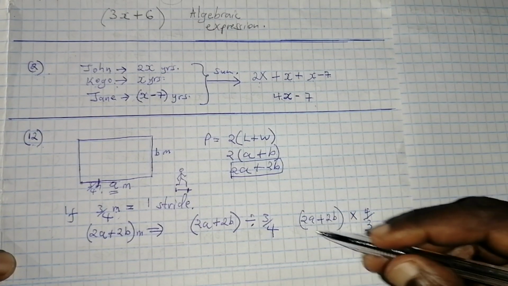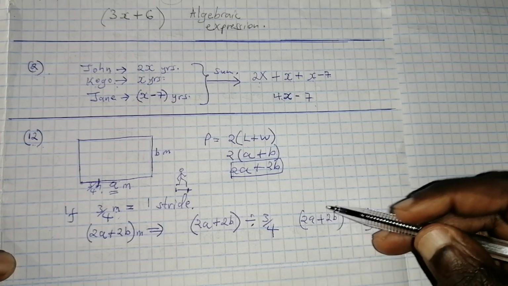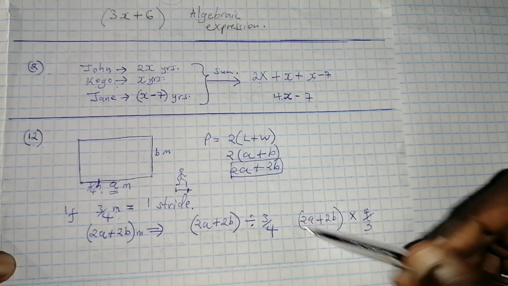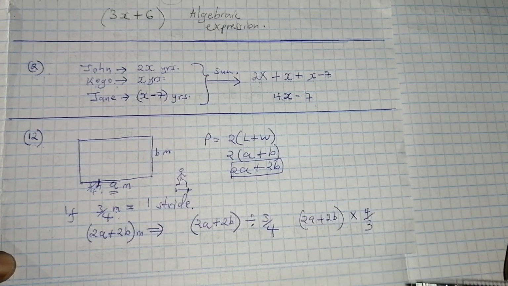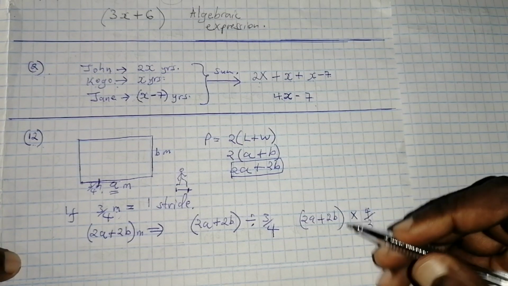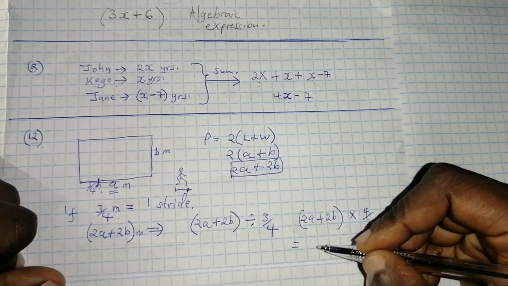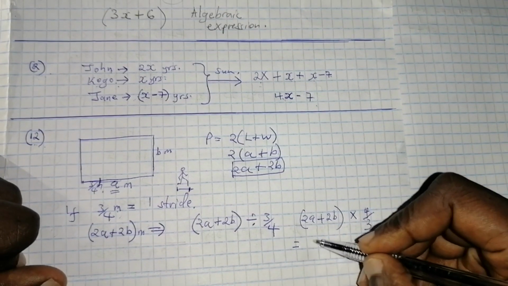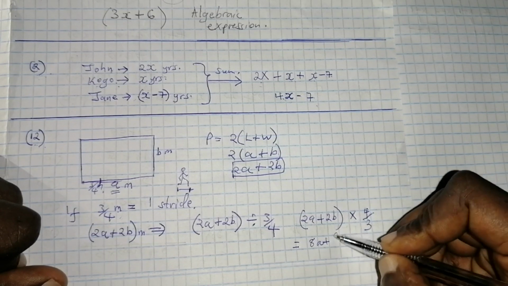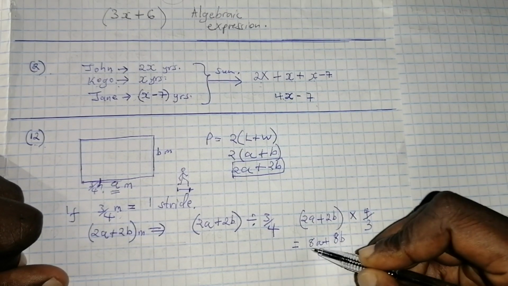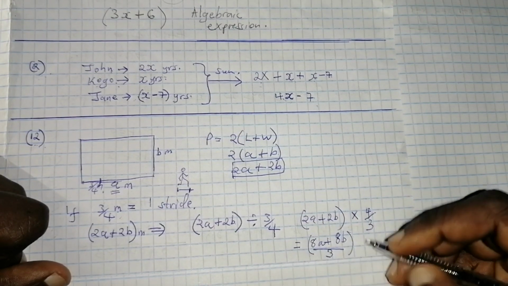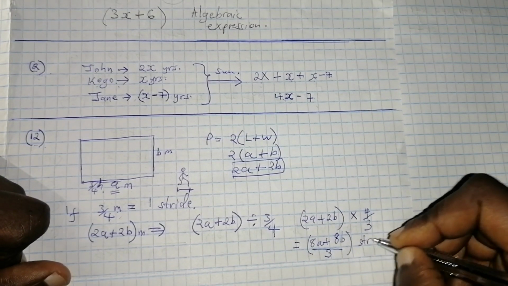So this is an algebraic expression of the number of strides the man took all round. When we simplify this, we will simply have 4 times 2, that is 8A, plus this other one, which is 8B. Remember, all of this divided by 3. So this will be the number of strides.